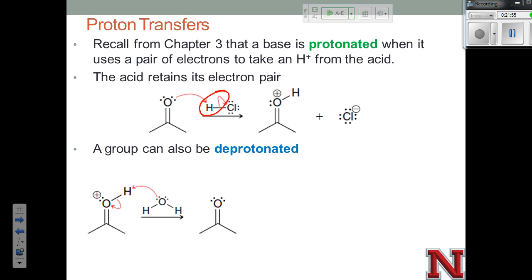Also, we'll often call something deprotonating when our substrate is having a hydrogen removed. Now again, the oxygen of water cannot directly attack our oxygen. It's really unlikely. Instead, what's much more likely is it will attack the partial positive hydrogen and push the electrons onto our positive oxygen.